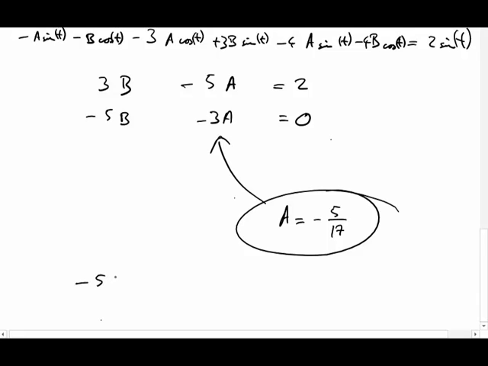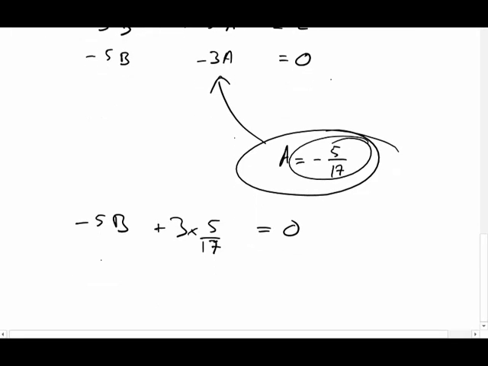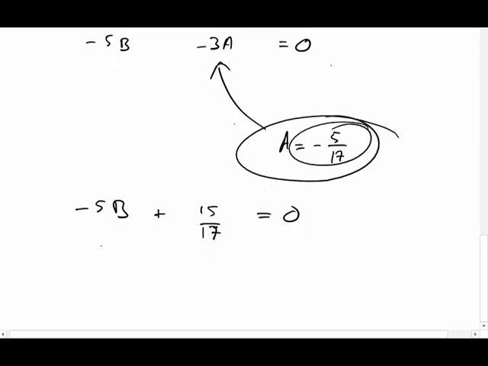So I end up with minus 5b minus 3a equals 0. So a is just going to be equal to minus 5 over 17, so that's going to become times minus 5 over 17. And that's going to become a positive in there. Okay, so just replace that in there. So therefore this becomes 15 over 17.